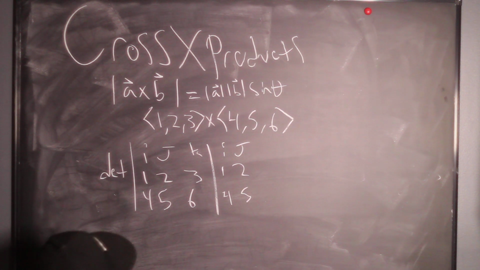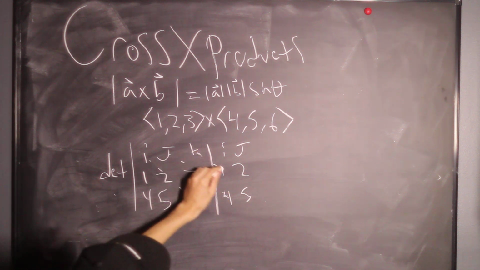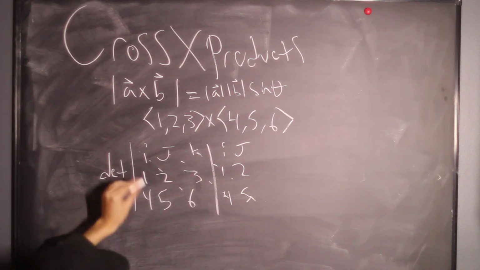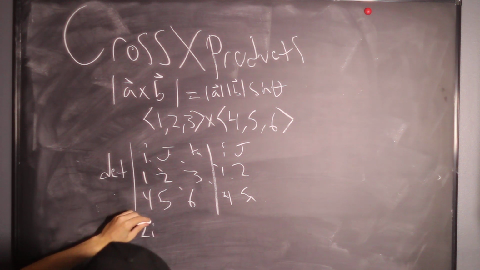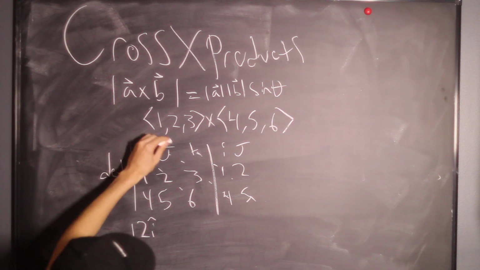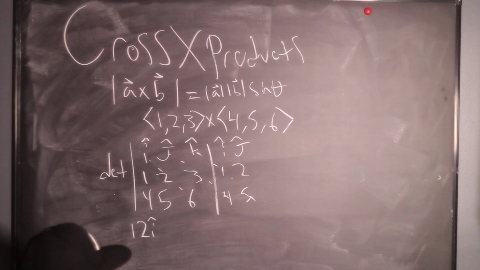So, how do you take a determinant? You subtract these from that original one. So it's 12 i hat. I'm going to denote hat; I should have put a hat on all of these. That's how I denote that they're unit vectors. However, it's okay.